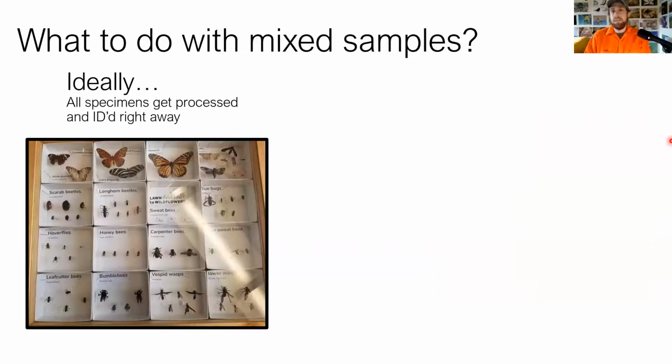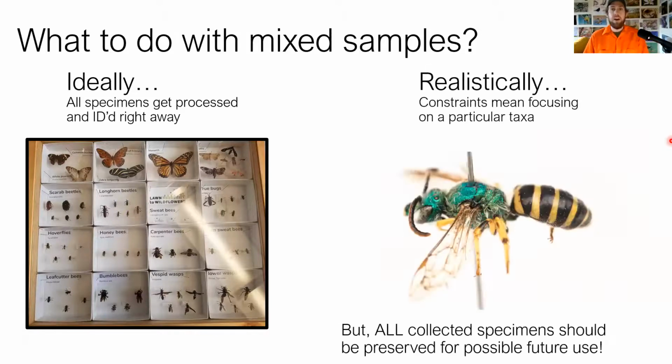Ideally, every single one of them would get processed, pinned normally, and identified right away. However, that is an incredibly big task, especially the identification. You often need experts for every single different group, whether it's beetles or butterflies or ants or whatever. And so realistically, for many studies, there's a lot of constraints on that.